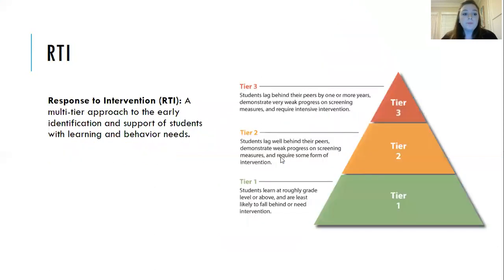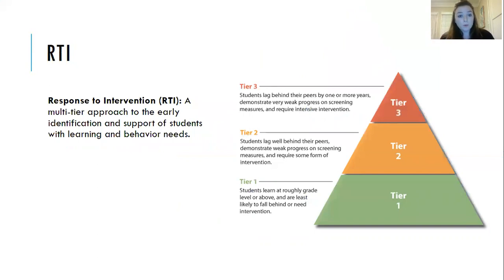Response to intervention is a multi-tiered approach to early identification and support of students with special needs. There are 3 tiers to RTI. The first one is where all students in the education system start off, so everybody's roughly at grade level and performing the same way.